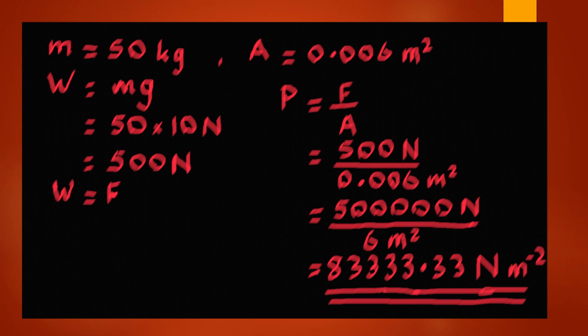Then to remove decimals in the denominator, you can multiply both numerator and denominator by 1000. Then you will get 500,000 newtons divided by 6 square meters. Then your answer will be 83,333.33 newtons per square meter.